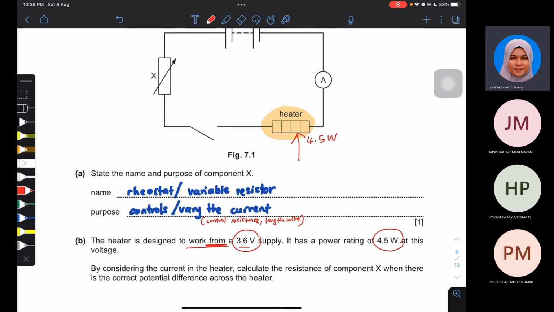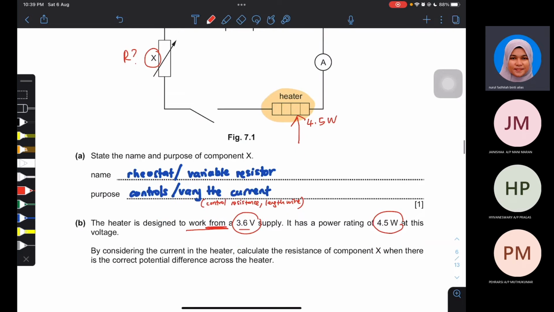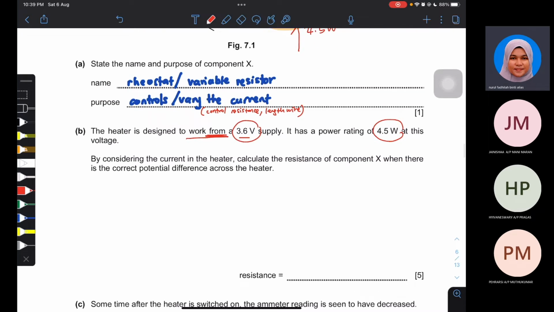By considering the current in the heater, calculate the resistance of component X. Okay, sekarang we want to know about X. X punya resistance. How much? When that is the correct potential difference across the heater. You macam nak buat ni panjang jalan kerja dia. Ada 5 marks.